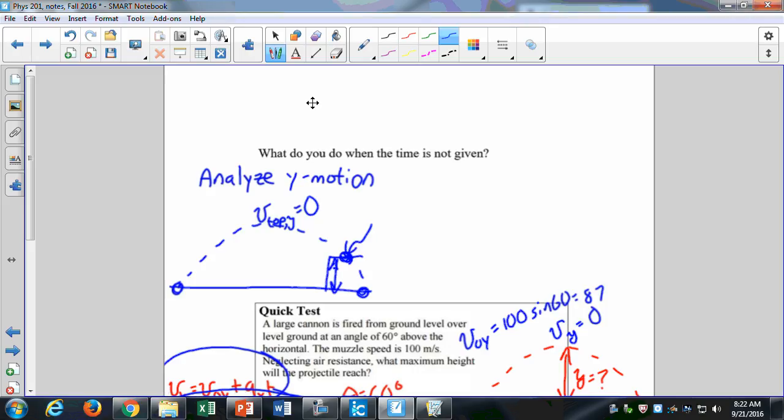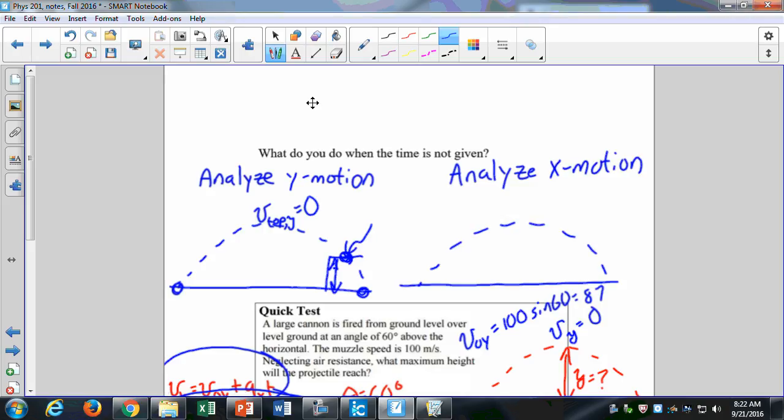Another way is to analyze the x motion. This doesn't come up real often, but sometimes it does. If you have a trajectory and you're given both x and vx, then you can find the time.